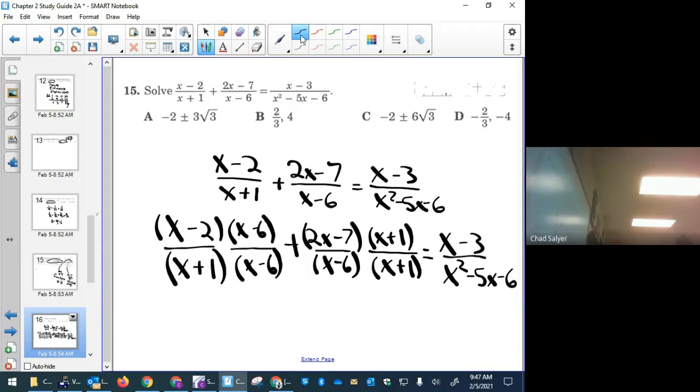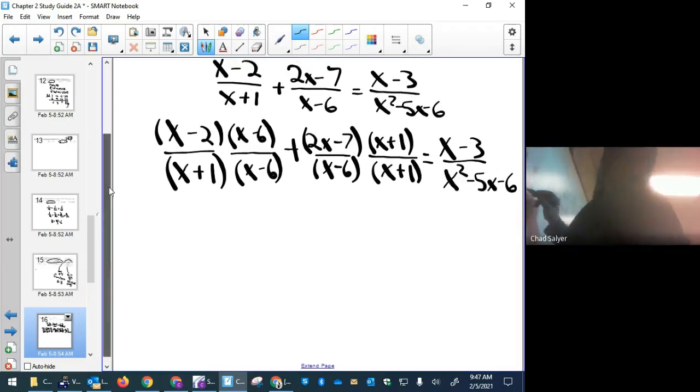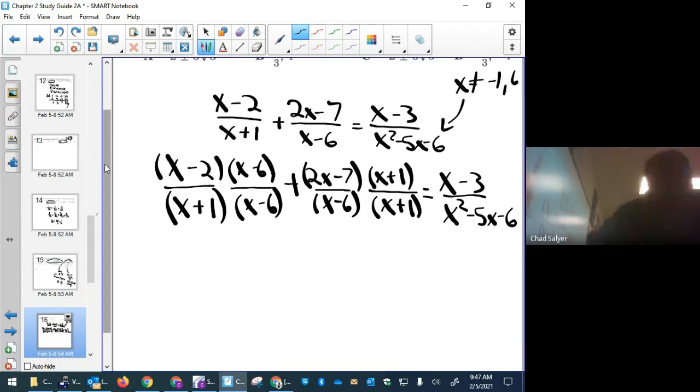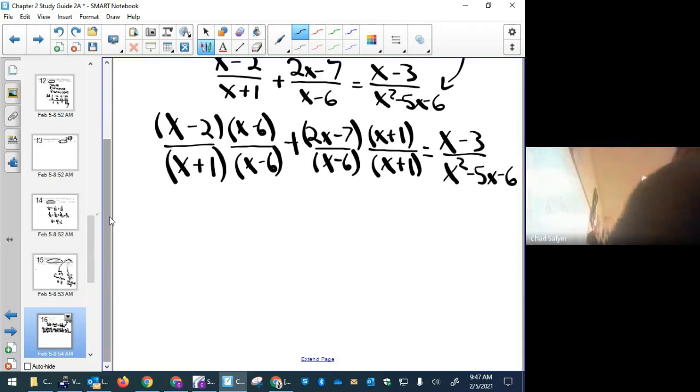Questions? Okay, cool. And I need to make a mental note going forward that x could never equal -1 or 6. So any solution set I get, I must exclude those values at the end if they pop up.